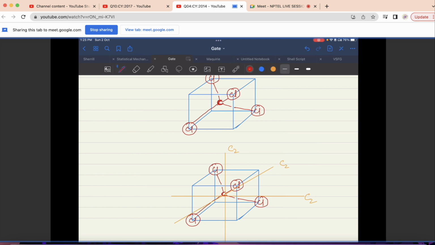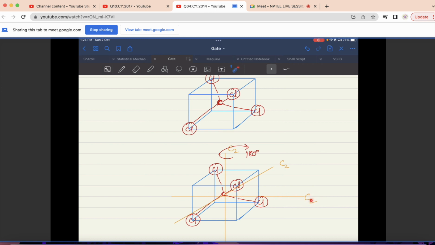For 180 degrees, if I rotate this, my structure will be such that after rotation this Cl will be here, correct? This Cl will move here, and again this Cl will move to the position here, and this Cl to here. So this is one C2 axis I will count, and the next one is the one here.